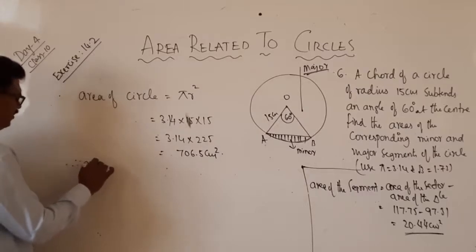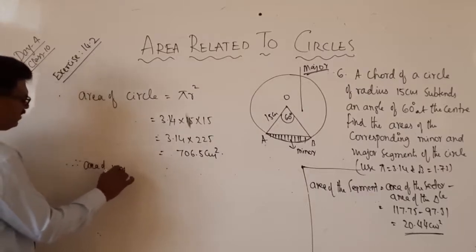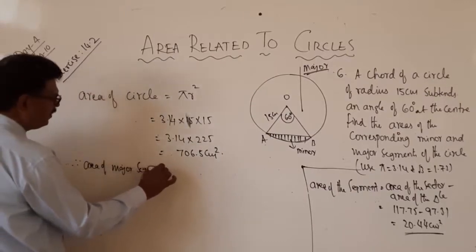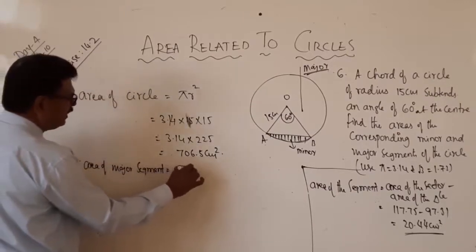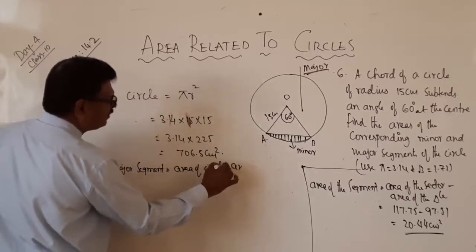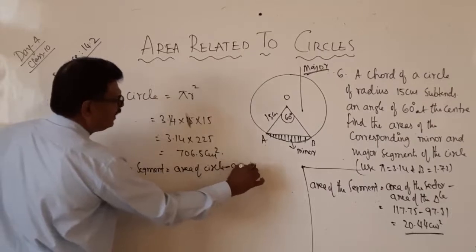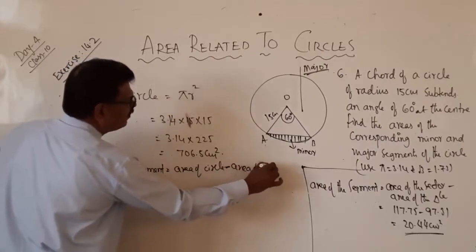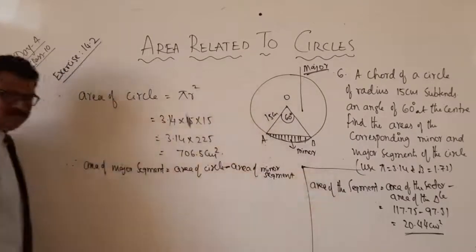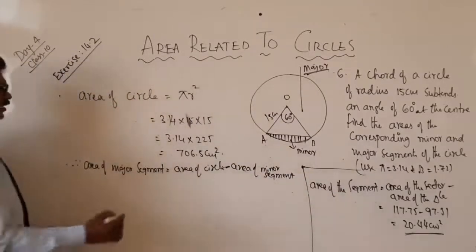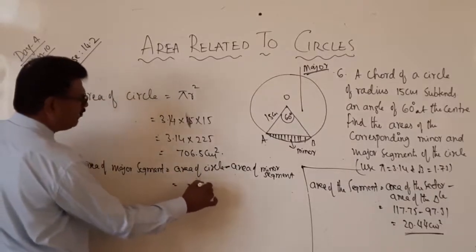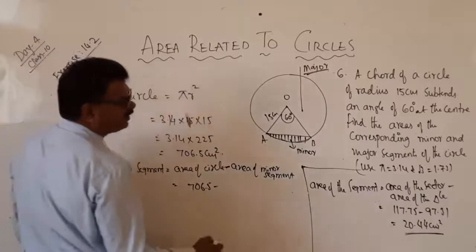Therefore, area of major segment is equal to area of circle minus area of minor segment. Are you understanding? Yes? It is nothing but equal to 706.5 minus what is the area of the segment?